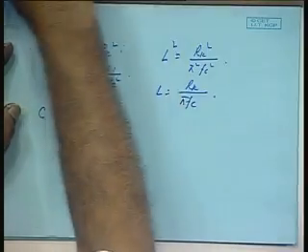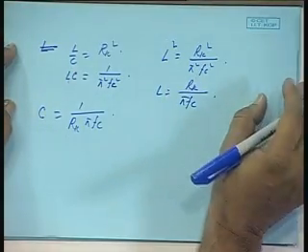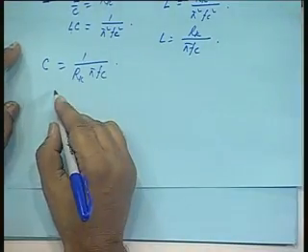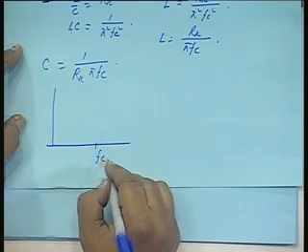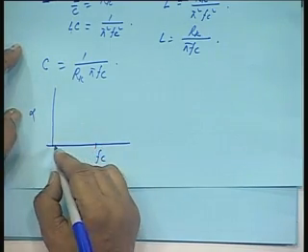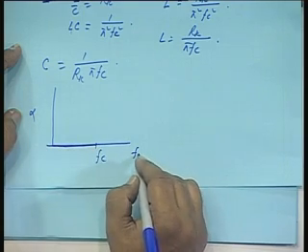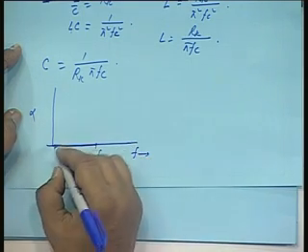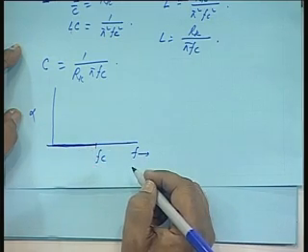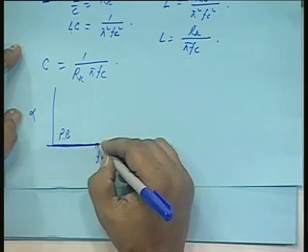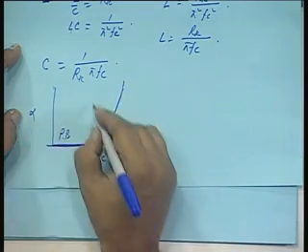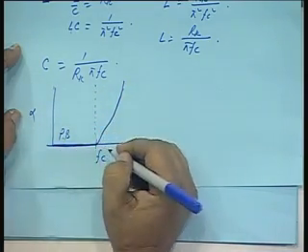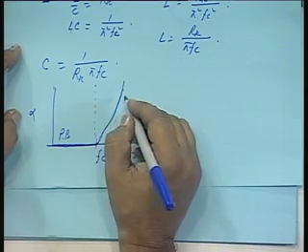What will be the variation of alpha and beta from the expressions that we had earlier? We can see alpha in the passband will remain 0, this is frequency f, and it will be going up like this to infinity.